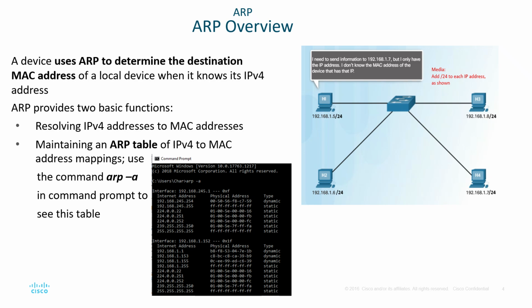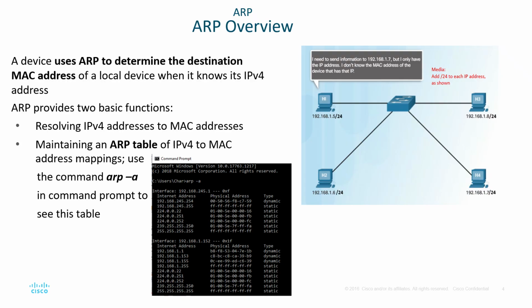So a device uses ARP to determine the destination MAC address of a local device when it knows its IP address. ARP provides two basic functions: resolving IPv4 addresses to MAC addresses and also maintaining an ARP table. This table is a mapping of an IPv4 to a MAC address, as you see here in this picture.